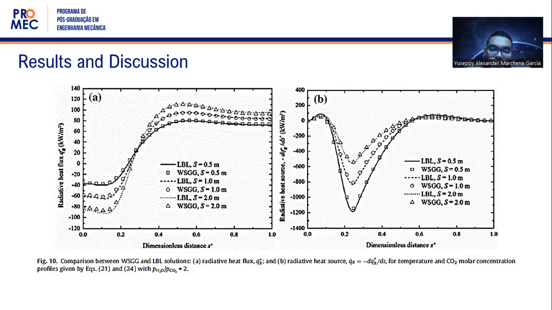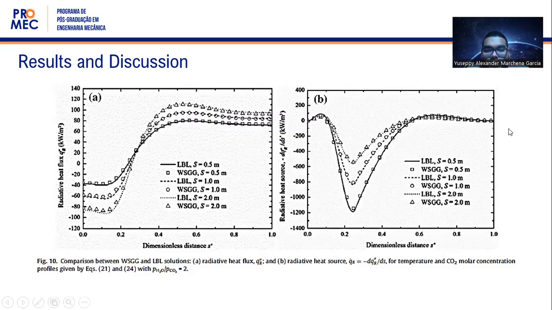And at this high variation, we can see that our WSGG model is very accurate compared to the L by L method. So at this point, the WSGG model is describing the behavior of these cases very well.